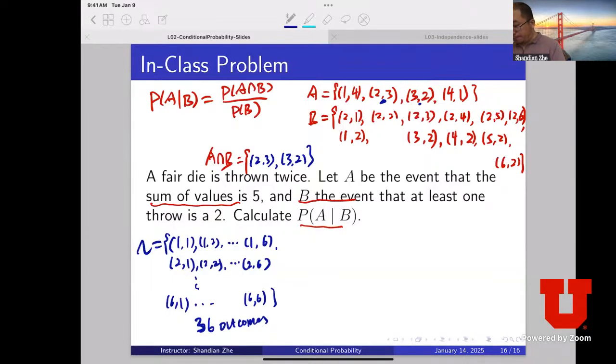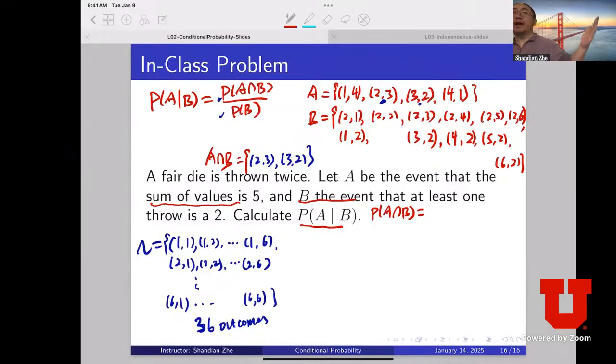First, remember we need to compute 2 probabilities. In the numerator, we want to compute P of A intersection with B. So what's this probability? Yes.